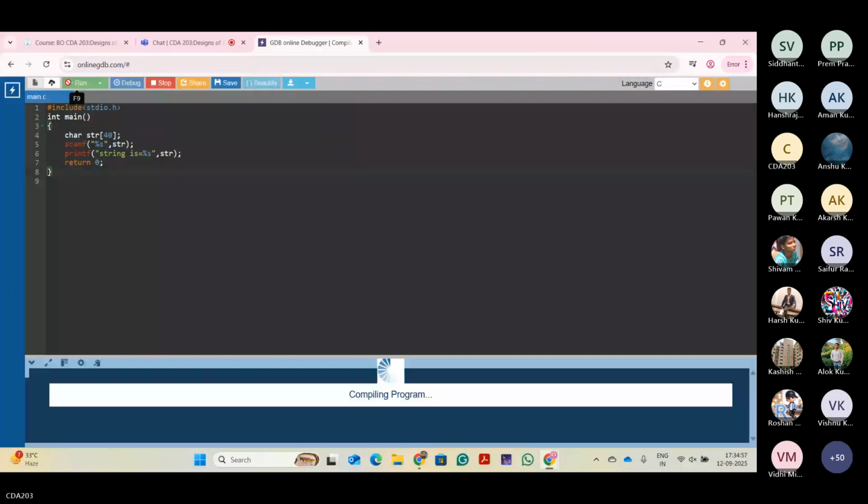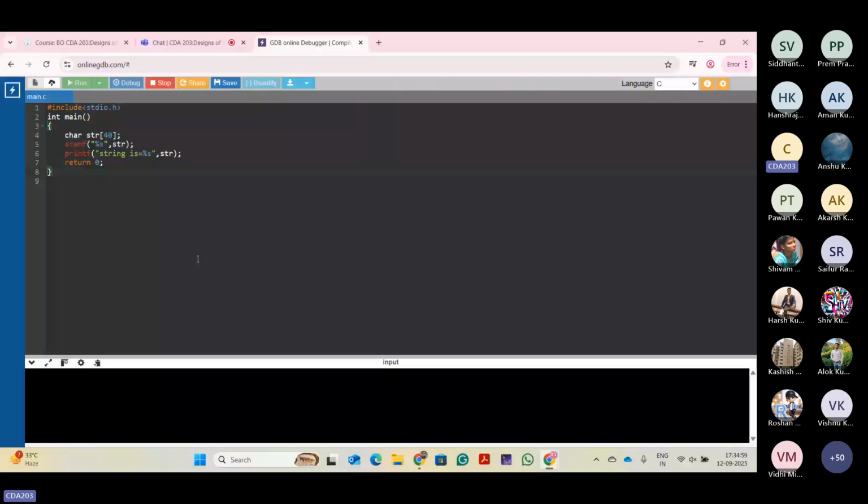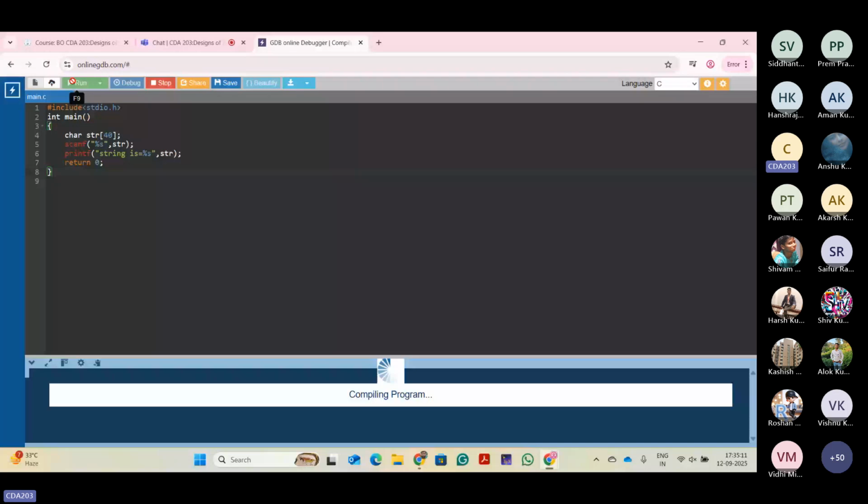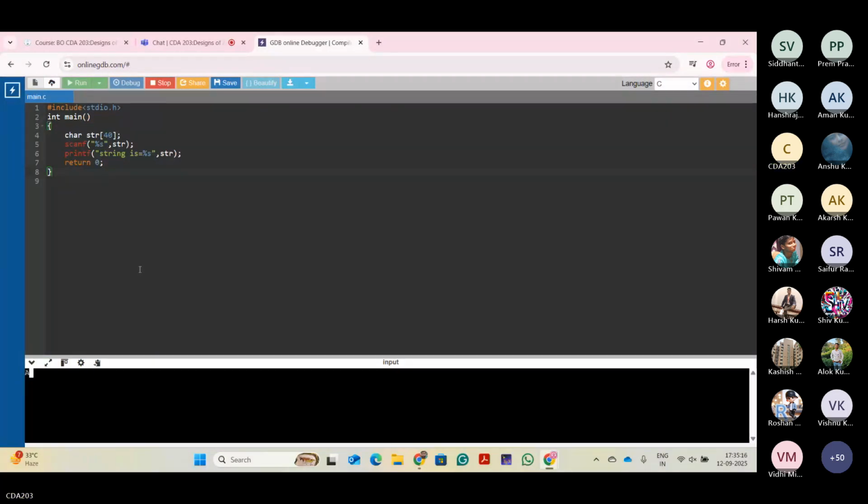Now let me try to give a space or tab in there. You can see that after the space it doesn't count. That's what I was saying: it will not consider anything after a space, tab, or new line.